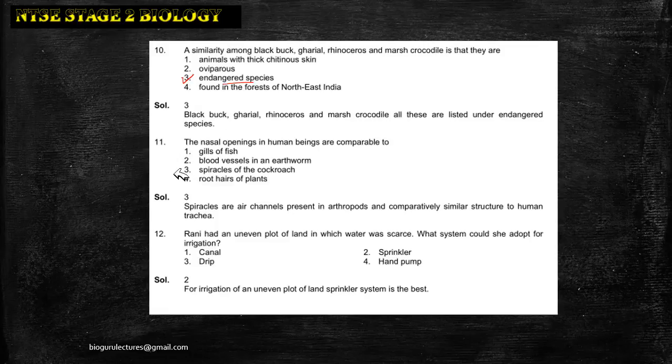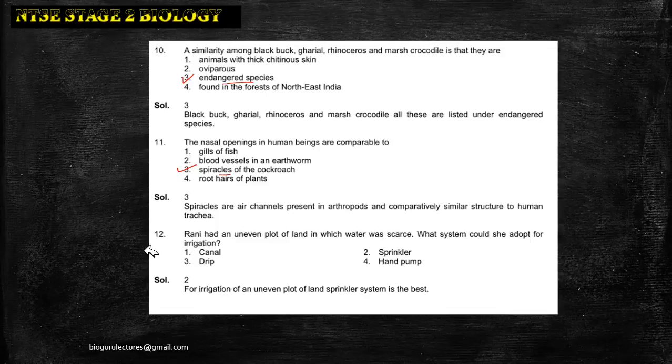I think option 3 is more relevant because spiracles are the openings to the external environment of the cockroach, which have direct connectivity with the atmosphere for breathing. Hence, we can go with nostrils as spiracles.